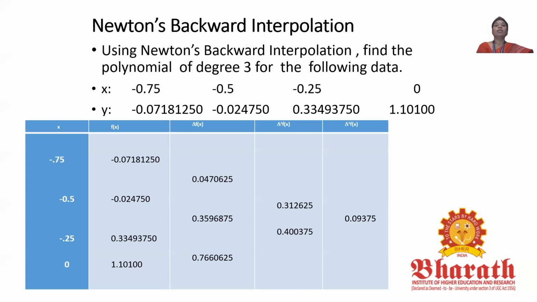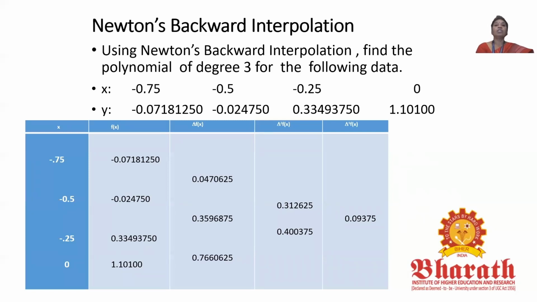Using Newton's backward interpolation, find the polynomial of degree 3 for the following data. Your x values are given like minus 0.75, and you are given a very lengthy value, that is minus 0.0718125.